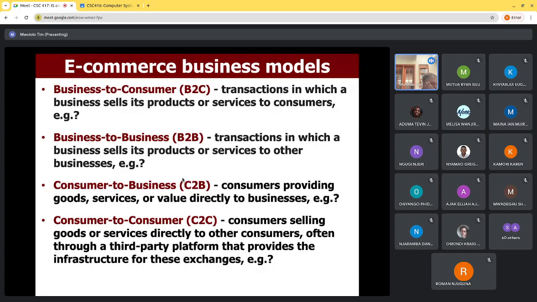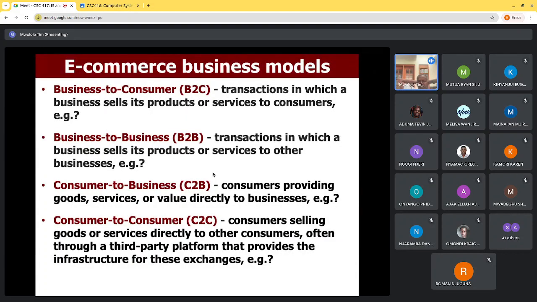I remember one of the students in the 4th year project was creating a platform like that, where students can sell their individual products to other students. So as you think about your global business, you need to think about which model you will use.